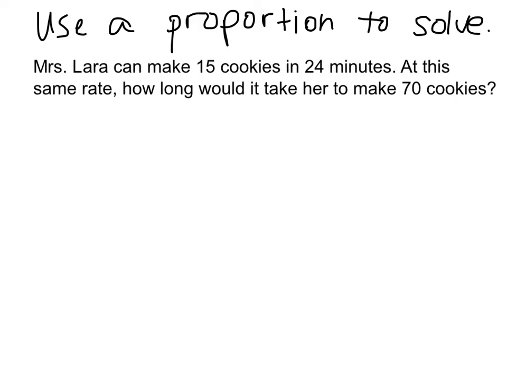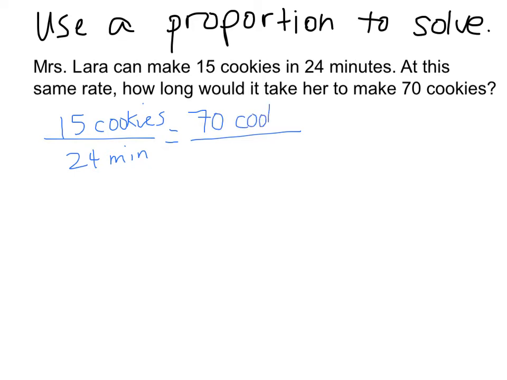Use a proportion to solve. Okay, so Mrs. Lara can make 15 cookies in 24 minutes. So I'm going to put 15 cookies over 24 minutes. And I'm going to set that equal to another proportion. It says at the same rate, how long would it take her to make 70 cookies?